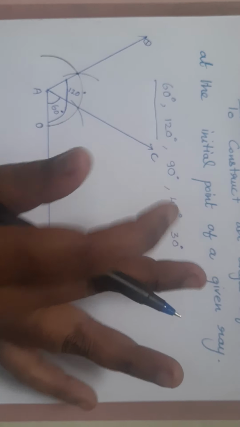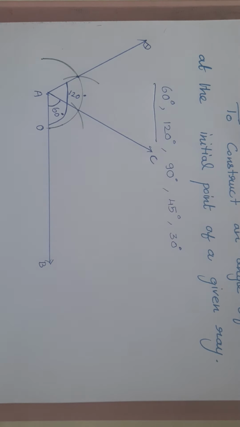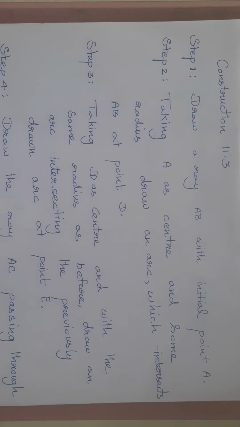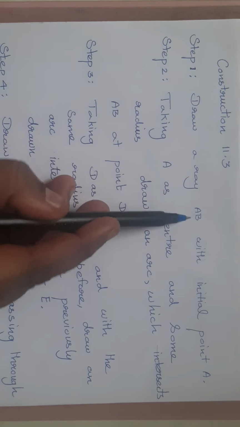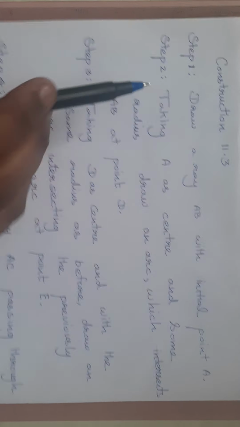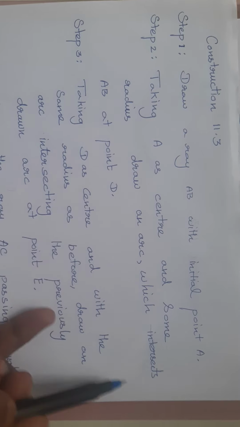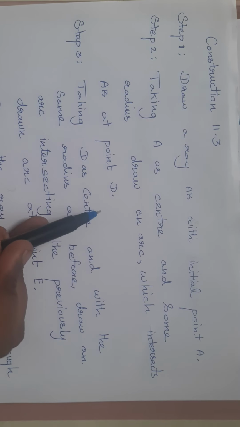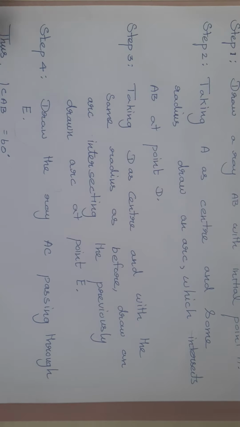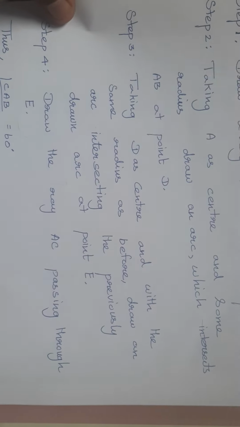Same construction you can use. Draw a ray AB with initial point A. Taking A as the center and some radius, draw an arc which intersects AB at point D. This construction is for 60 degrees. You can make it 120 degrees also.